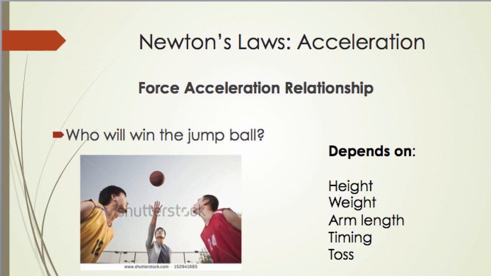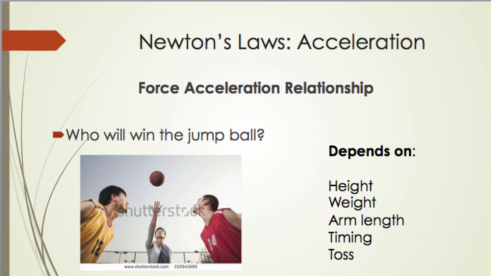So why is this important? Let's take a look at a jump ball in basketball. At the beginning of every game, we have the two players facing each other. The official throws the ball up into the air, and the players jump to try to tip it to one of their teammates to see who gets the first chance to score, right?